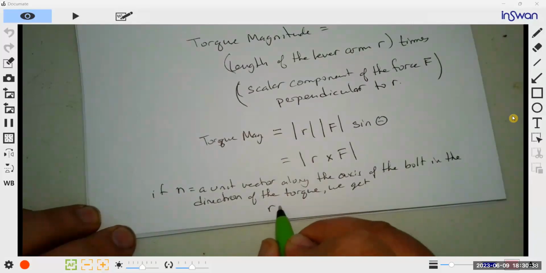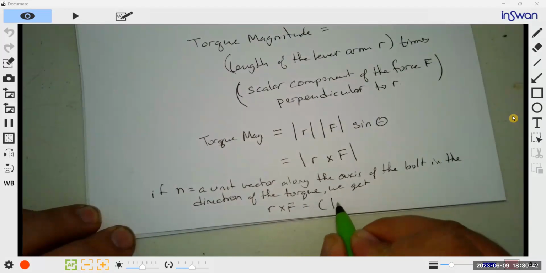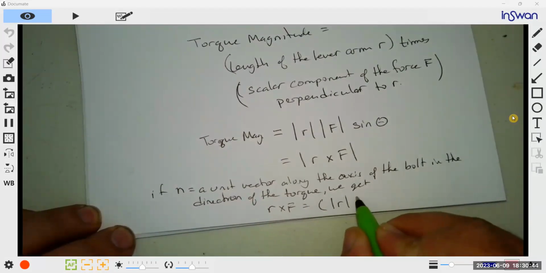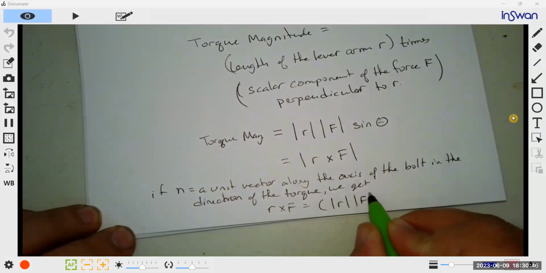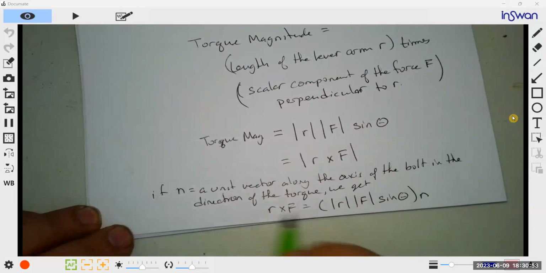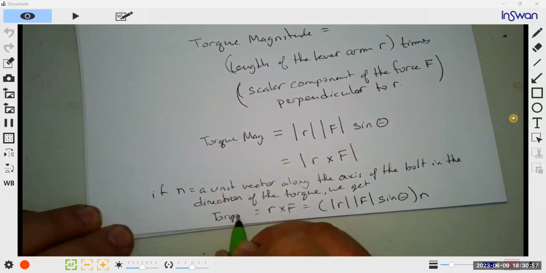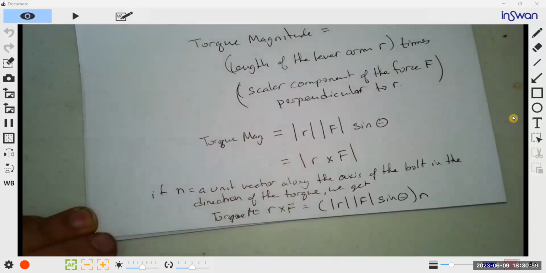R cross F is equal to the magnitude of R times the magnitude of F times the sine of theta times n, which is our torque magnitude.